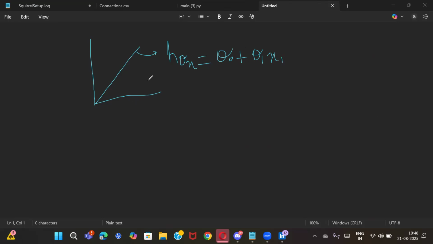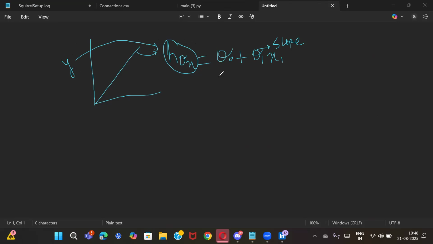We are basically writing this for one particular point. I have made you understand that y equals mx plus c is for that one particular point. And this theta 1, what is this? This is nothing but slope. And this will be my predicted point, and this is basically y. This is my y only, right? This h theta of x is my y.